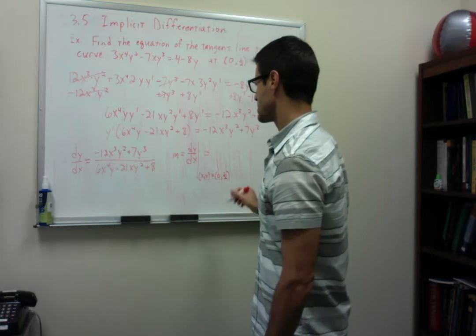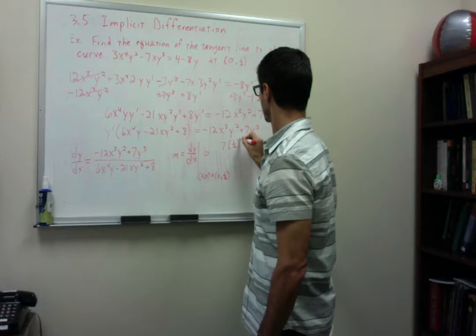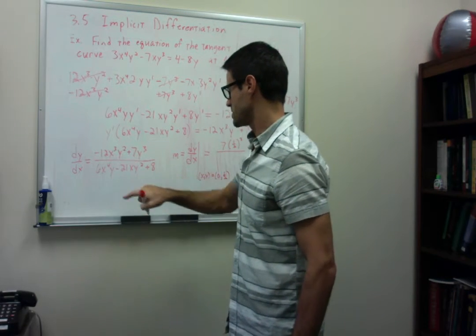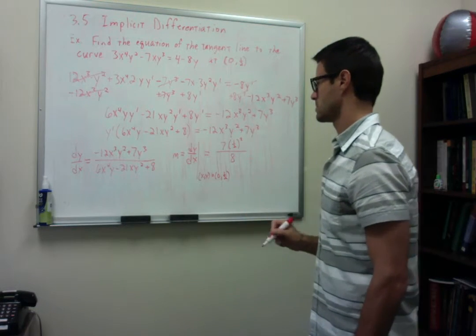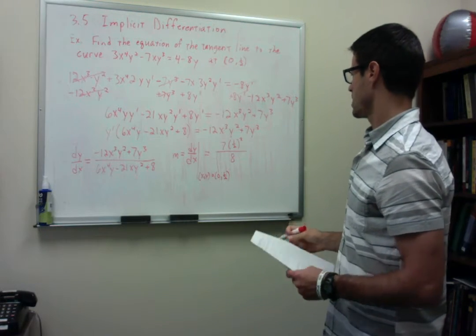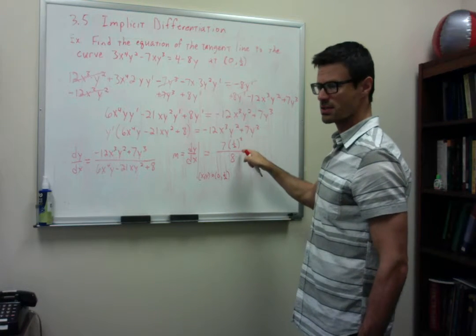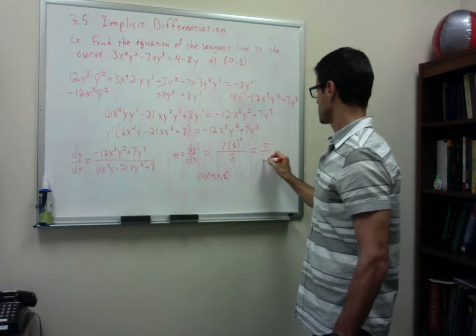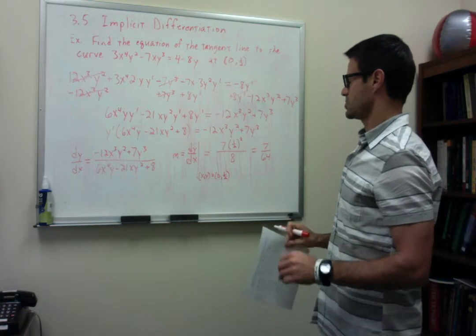So I'm just left with 7 times 1/2 cubed in the numerator, and in the denominator, 2 terms go away and I'm just left with an 8. So this is 7 times a half cubed, or 7/8, divided by 8. Hopefully you see that this is 7/64. This is the slope of the tangent line.